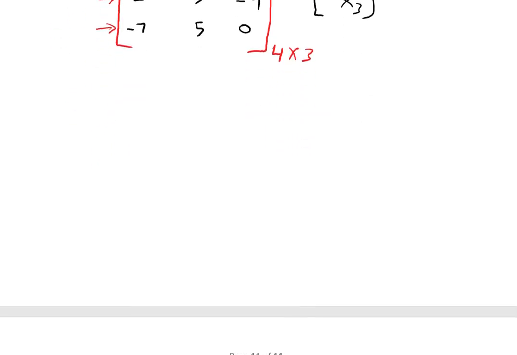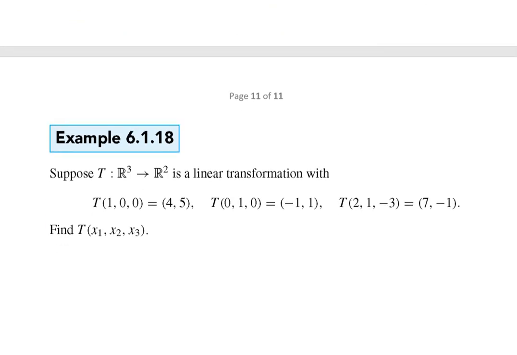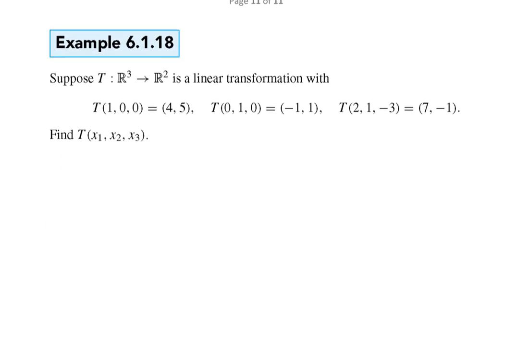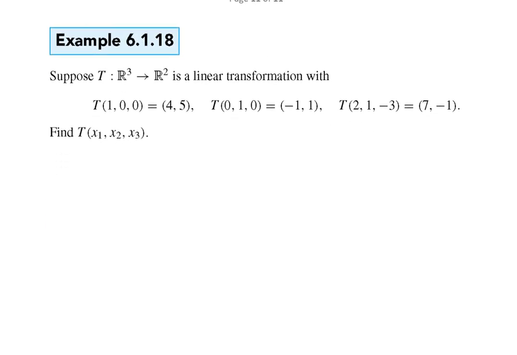Okay, now last page. Here's something different. We're going from R to the third to R to the second.